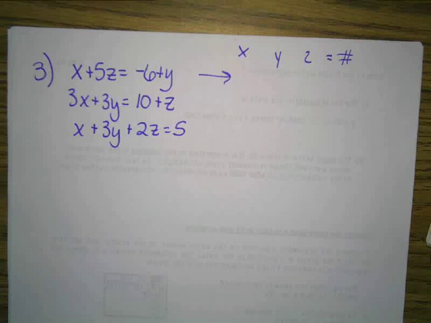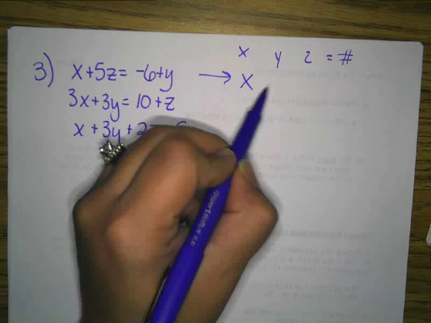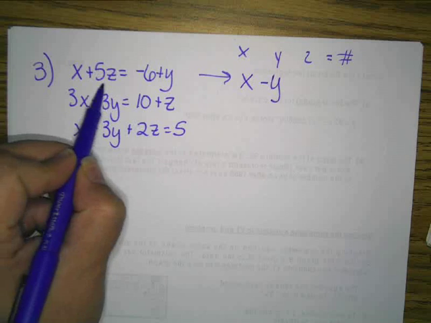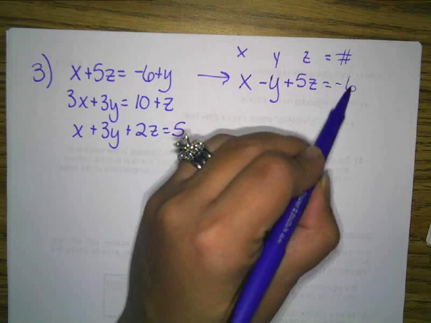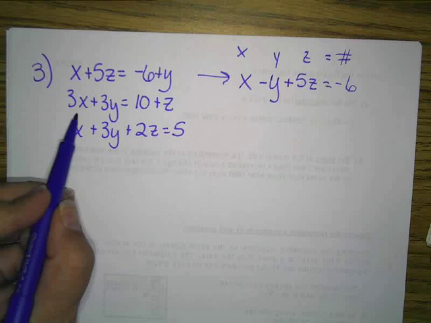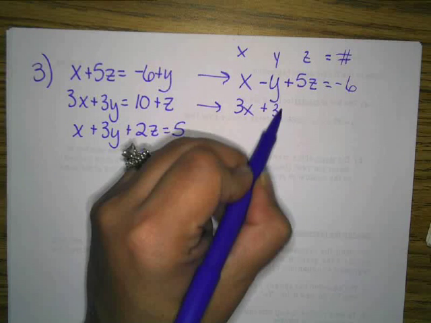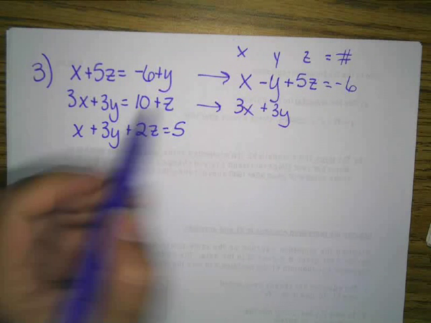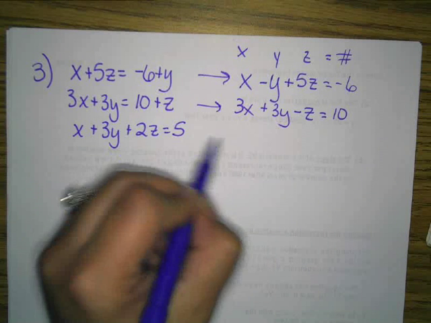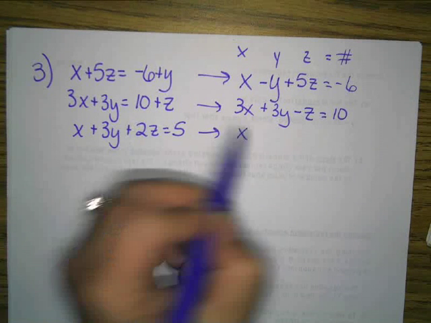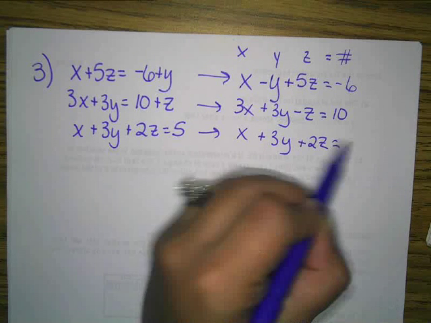So we have x, now I'm going to move this y over, minus y, plus 5z, that's the z, equals -6. Now I have 3x, plus 3y, now I'm going to move z over, minus z equals 10. And this last equation is happy the way it is: x plus 3y plus 2z equals 5.